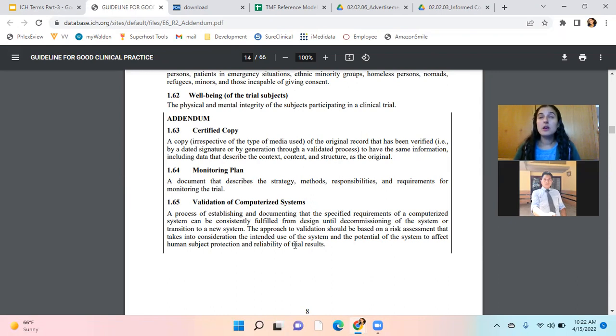And so that would be a plan, like we talked about, where the sponsor has the overall responsibility of making sure everything runs well. And so they produce a plan, and they ask their vendor, the CRO, to follow the plan. And that's part of their management process, and proving that we are trying to make sure that the study is conducted appropriately is by having in place a monitoring plan.